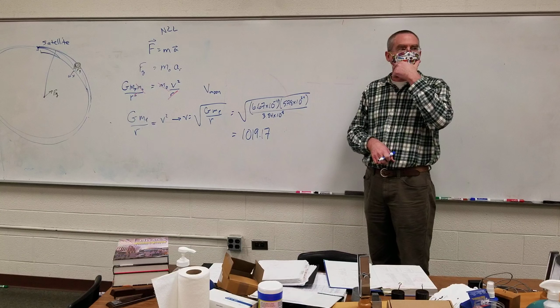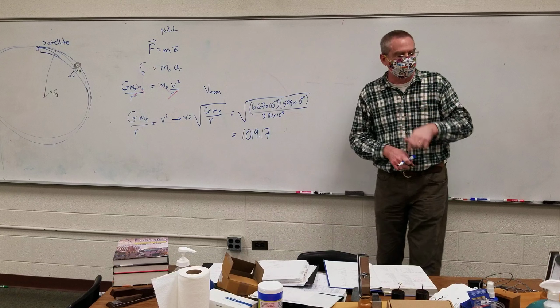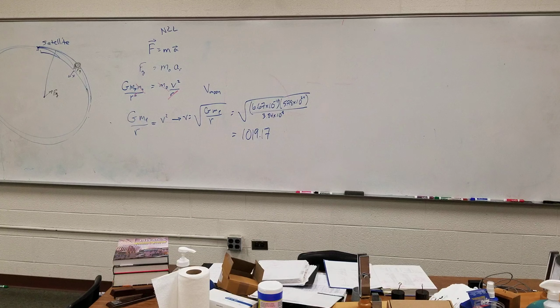Mine's doing it the other way, like scientific notation? Yeah, I don't know. All right, so what did you get? I couldn't do it fully. I don't think I did a square root. I tried to do the whole thing, but it still says error.